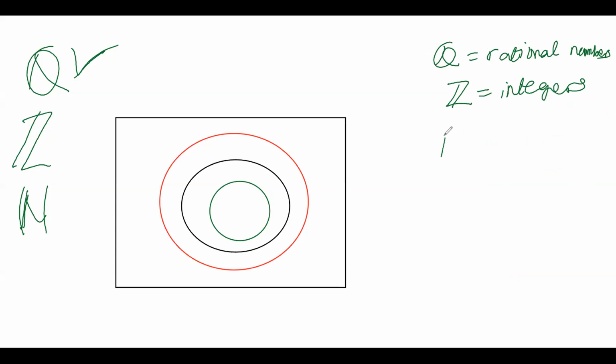Okay, then what about N? Someone else, not Yanko, not Elsin again, and not Justin. I heard their voices already. N is natural numbers. What do we mean by natural numbers? Can someone else say that? A number without fractions and integer.